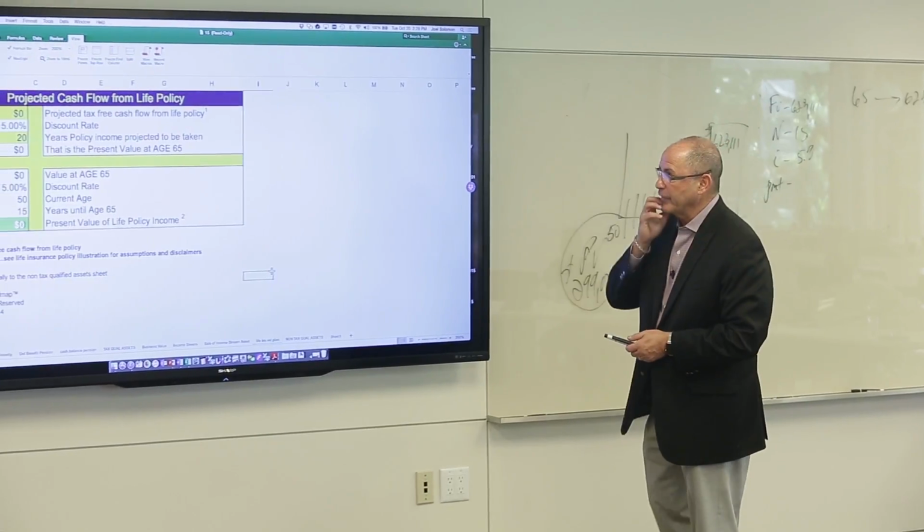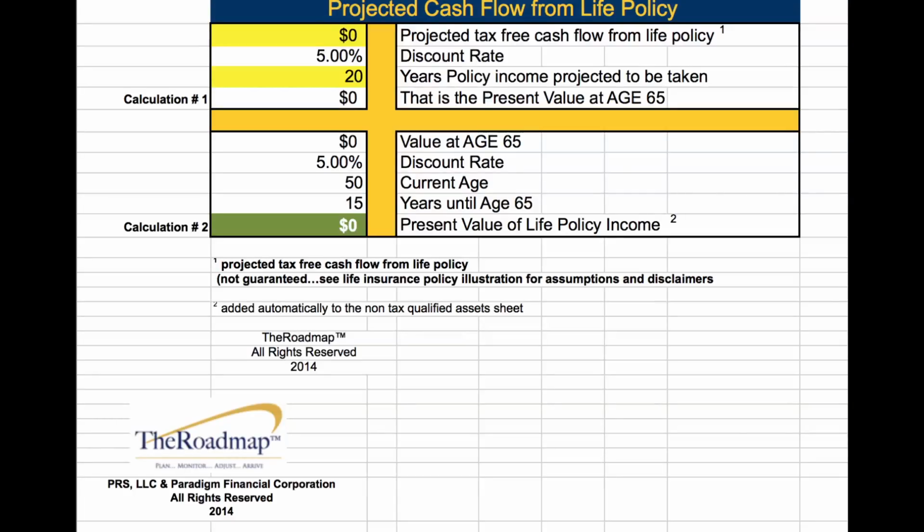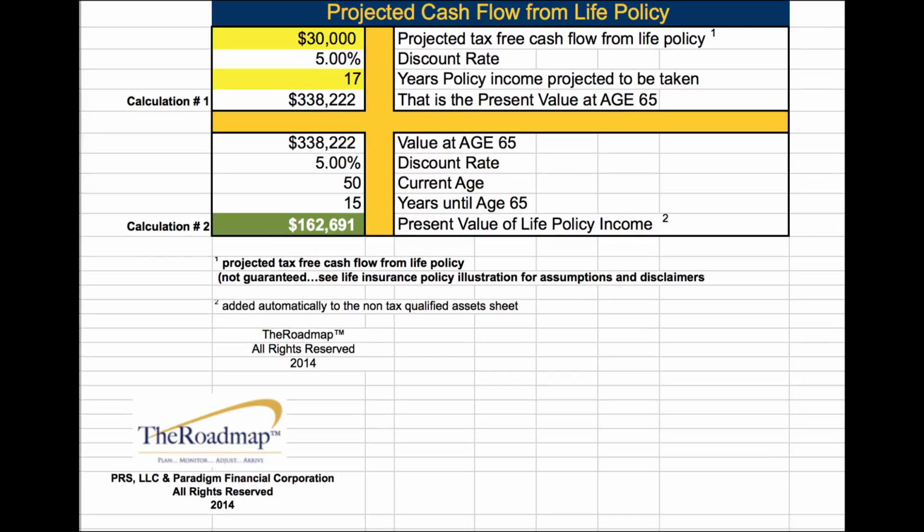They have a policy that's going to pay them $30,000 a year. Actually, the illustration from Northwestern Mutual said 17 years of income. The present value today of that Northwestern Mutual income stream is $162,000.